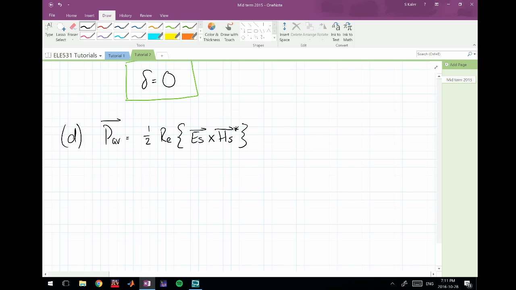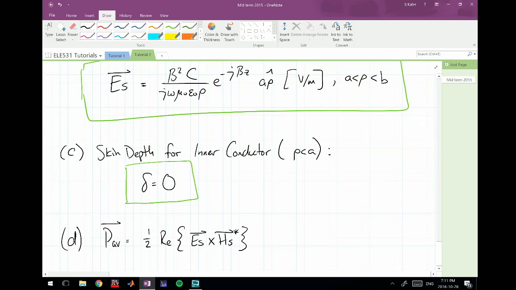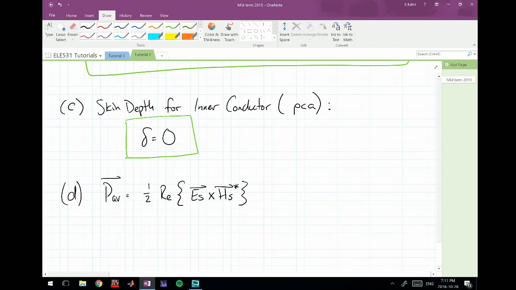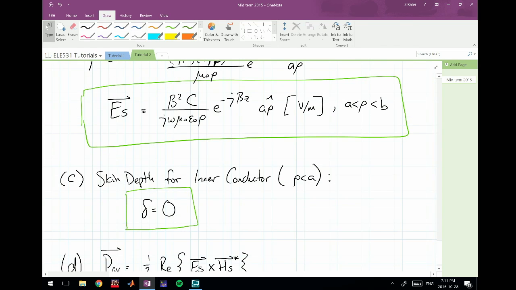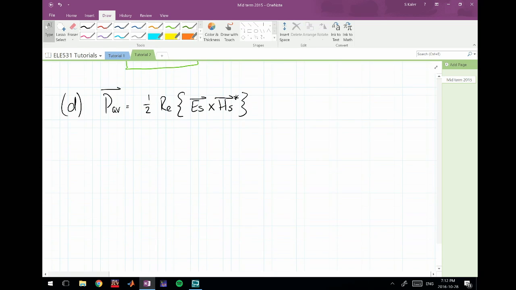Give another subscript. Anyhow. So ES we have from the top, HS we have from the top. Now the thing to note about this is the cross product: when you have single dimension vectors, the cross product just becomes straight up multiplication.